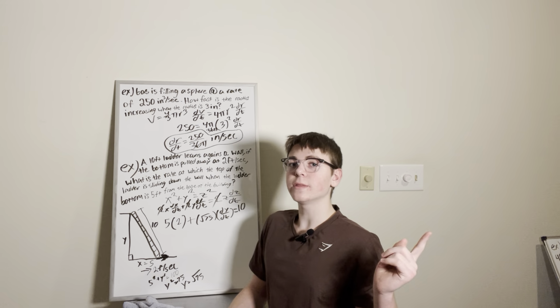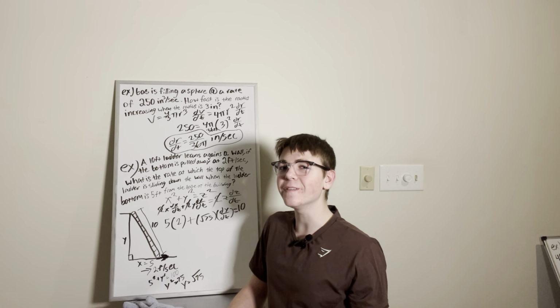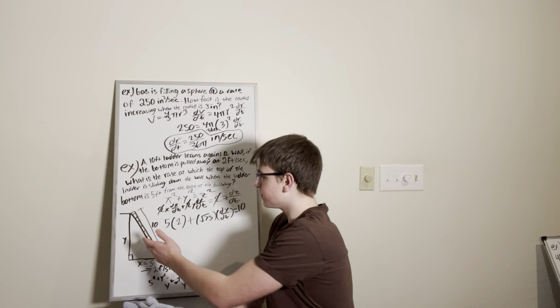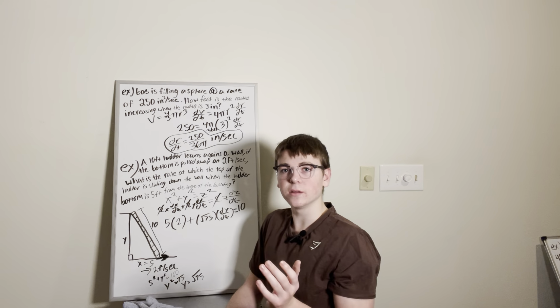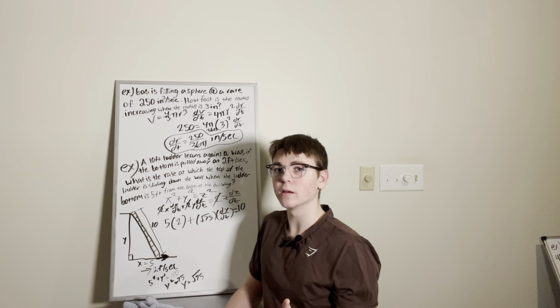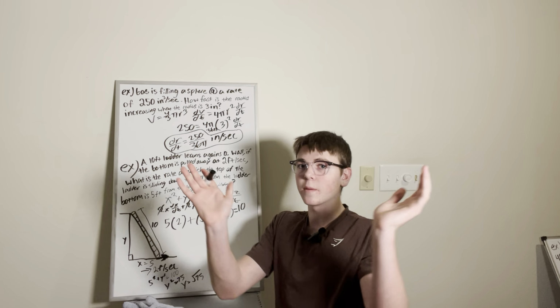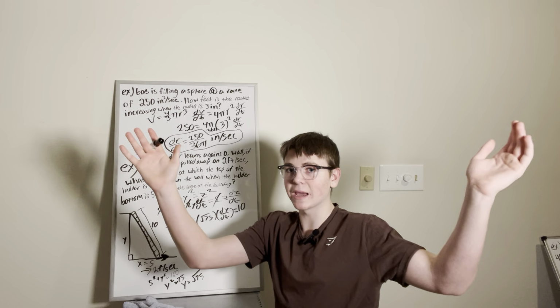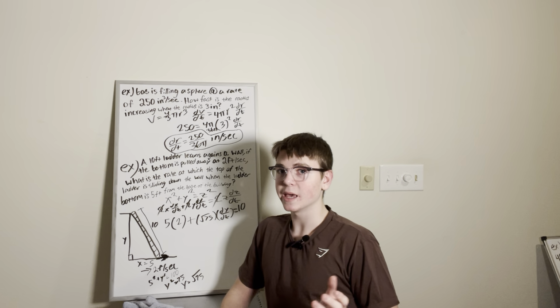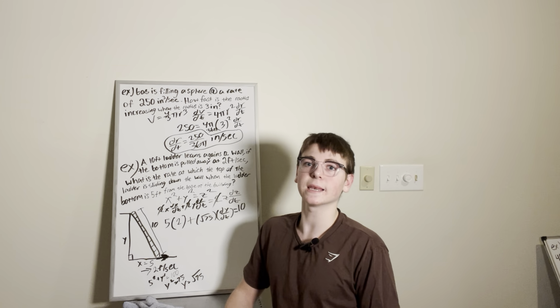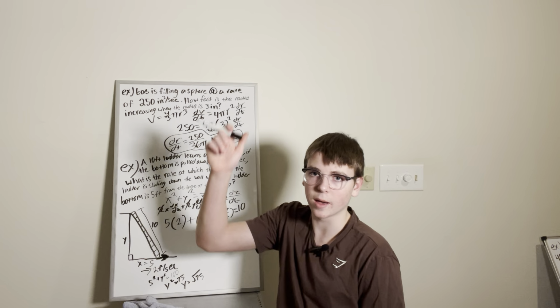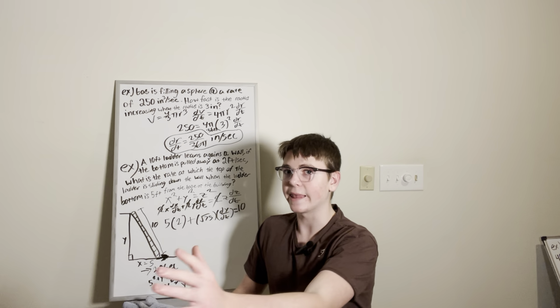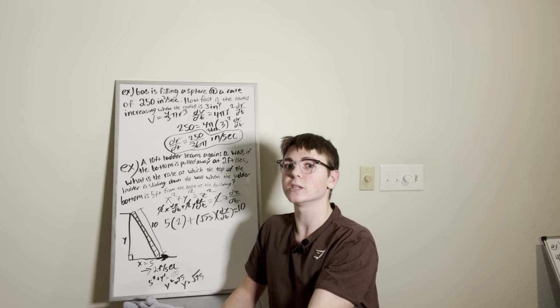If you think about it, this ladder is 10 feet long. The hypotenuse isn't moving. It's not like the boats moving apart from each other where the hypotenuse gets bigger or smaller. The ladder's not expanding or contracting, which technically some ladders can do, they can go up and down. But we're going to say this is just a flat ladder, it cannot change its length.